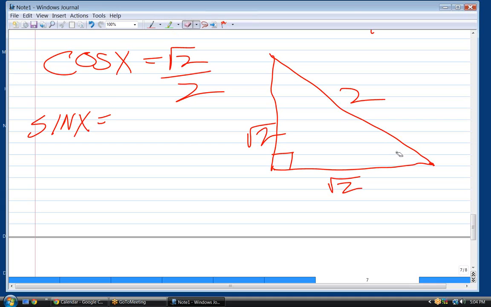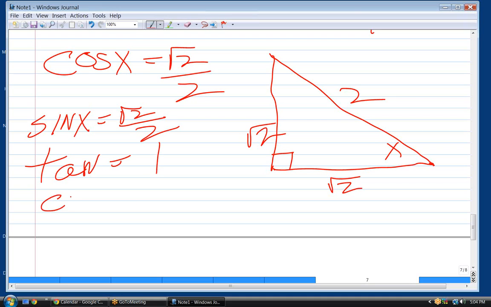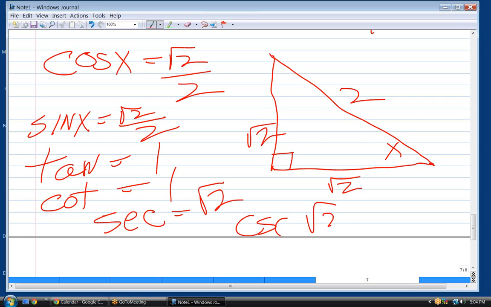Excuse me, I should not have said theta. That is x. The answer is: cosine is square root of 2 over 2, tangent is 1, cotangent is 1, secant is square root of 2, and cosecant is square root of 2. There's your answer.